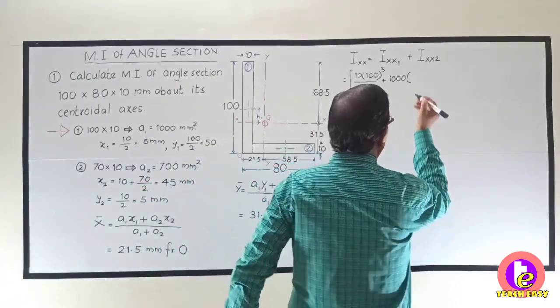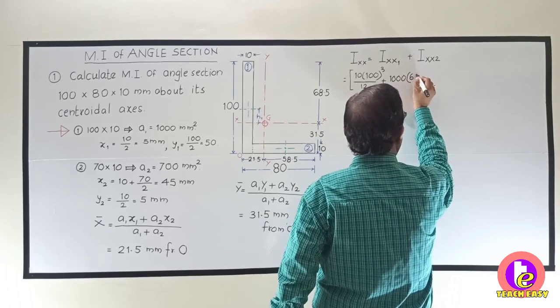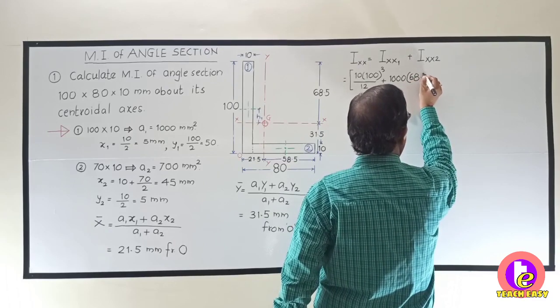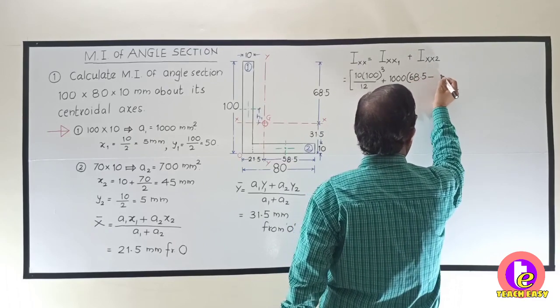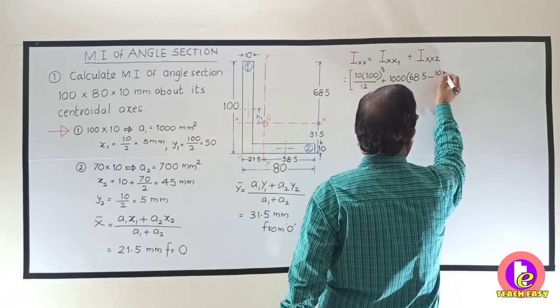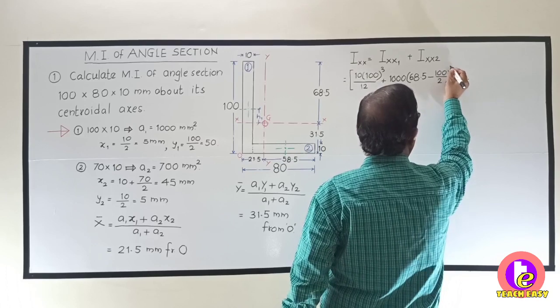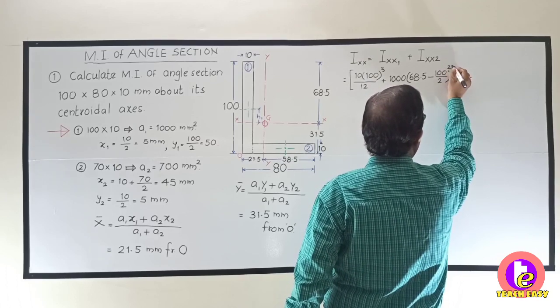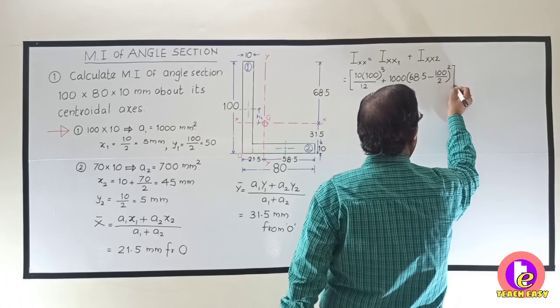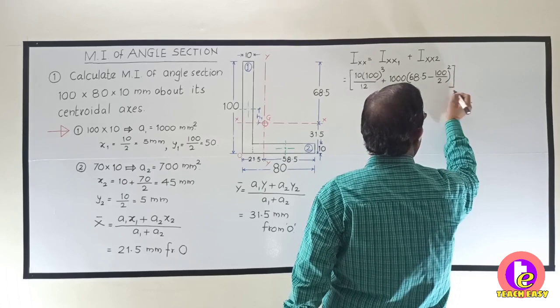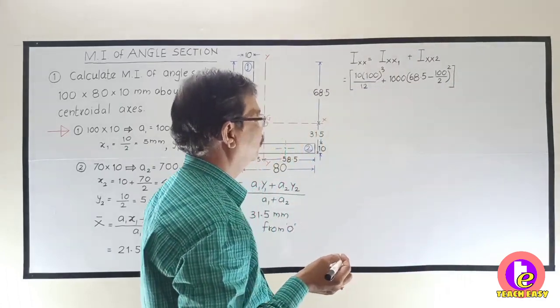So 68.5 minus 50. How have we calculated 50? 100 by 2. Do not forget to make it square. So this is the moment of inertia of the first part, that is the first rectangle.